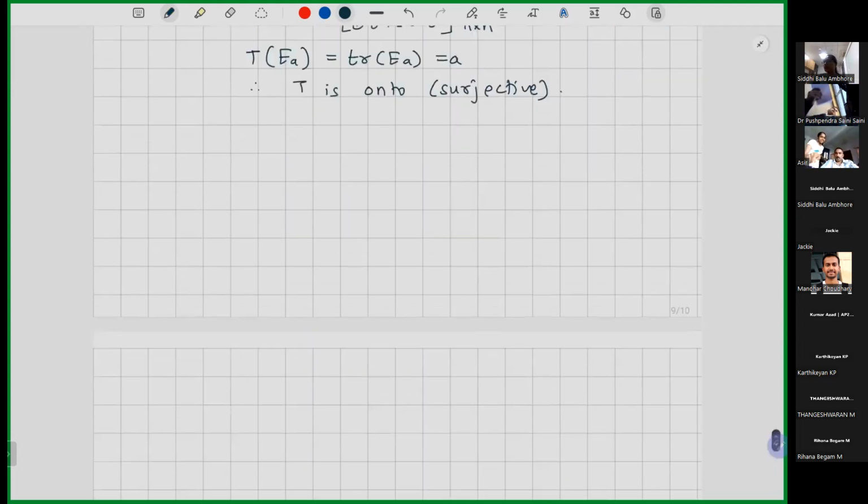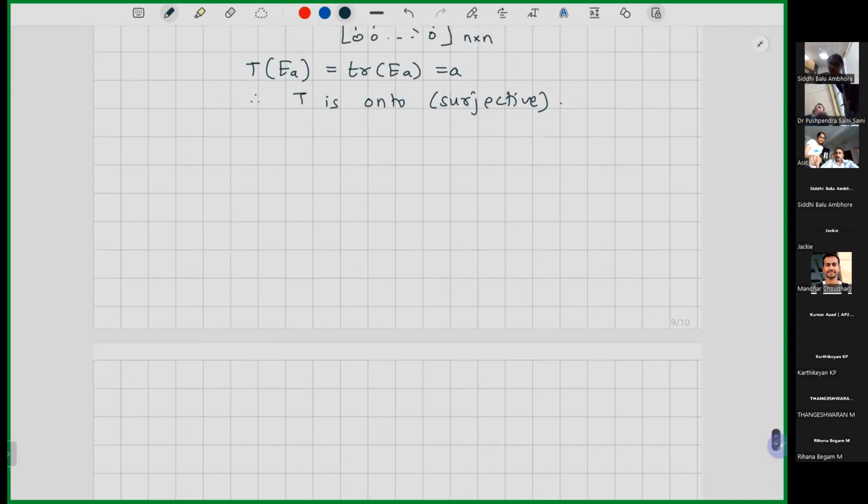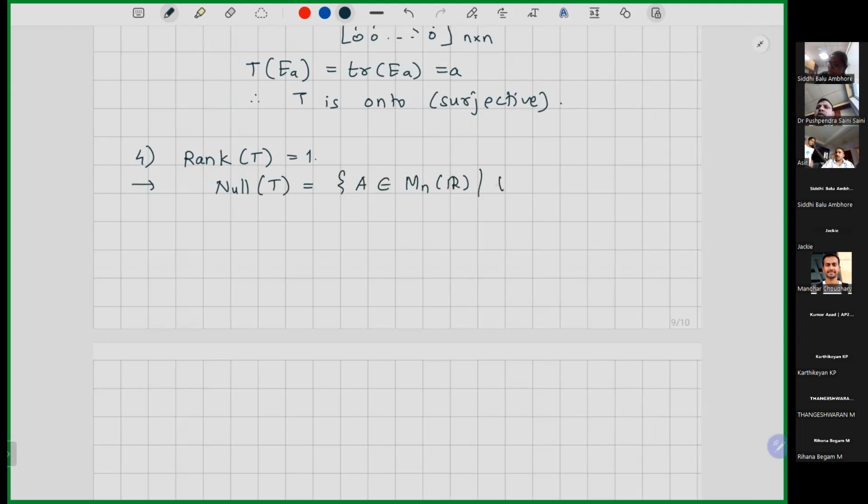And I think it has the last one. Yeah. Fourth is that rank of T is 1. Okay, so rank of T is 1. How to find that? We use the dimension theorem: dimension of V is rank T plus nullity T. And to find the nullity of T, we have to find the null space, that is, A belongs to MnR such that trace of A is 0.